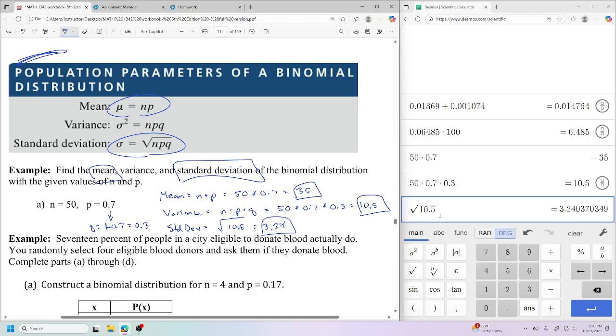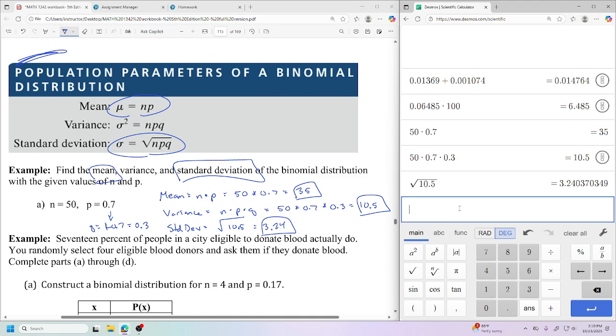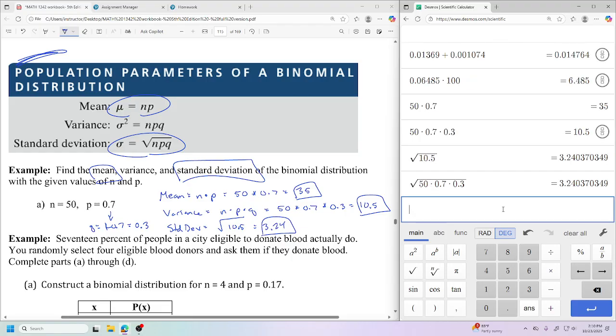The square root of that previous answer. Yep, exactly. So I multiply them all, and then I just square root it. You could also do it all at once, like this. You could even make it more formulaic, where you don't have to actually figure out what that 30 is.